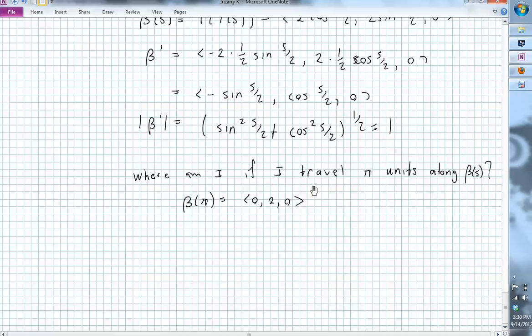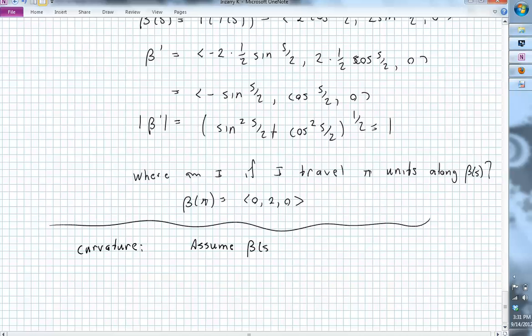Let me finish with a discussion of curvature. Okay, we're going to assume beta is unit speed. And that's the same as saying arc length parameterization.